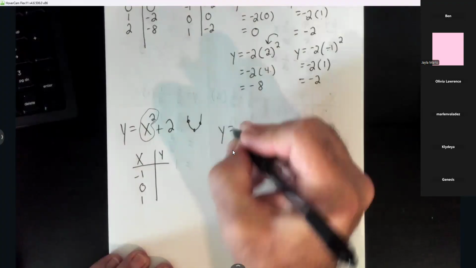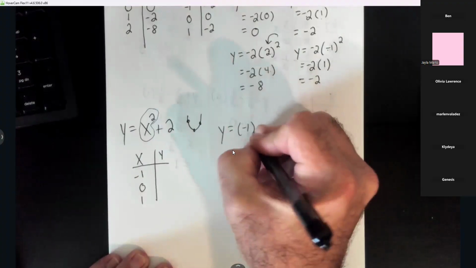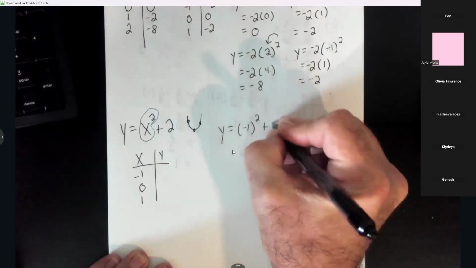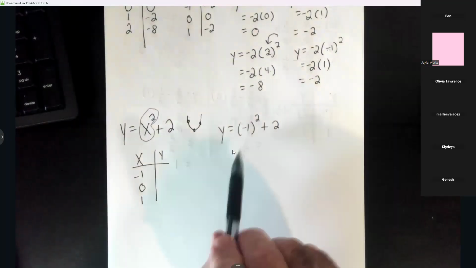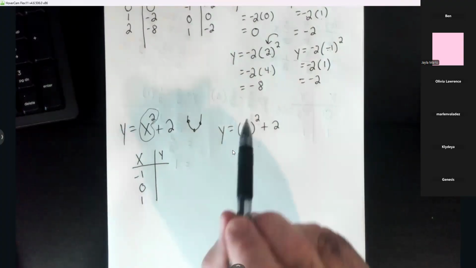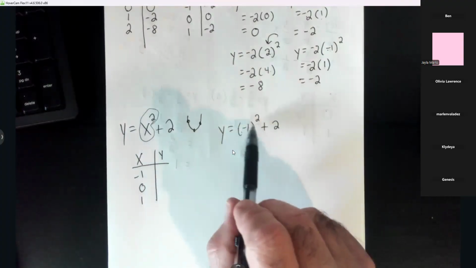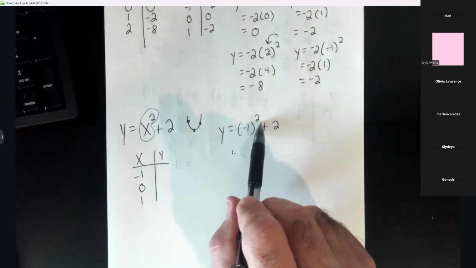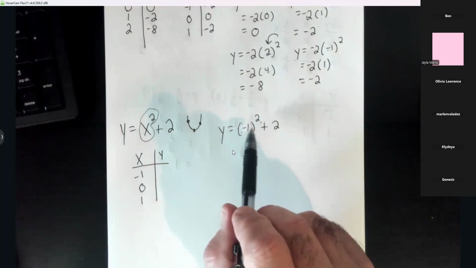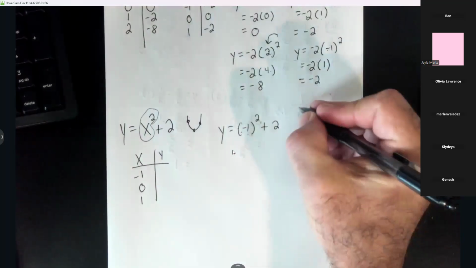So let me start out by putting a -1 in for my x and squaring it. Now, the thing you got to realize, if you punch this in the calculator, you better put any negative numbers in parentheses when they got exponents. The calculator will give you a wrong answer if you did it like this.